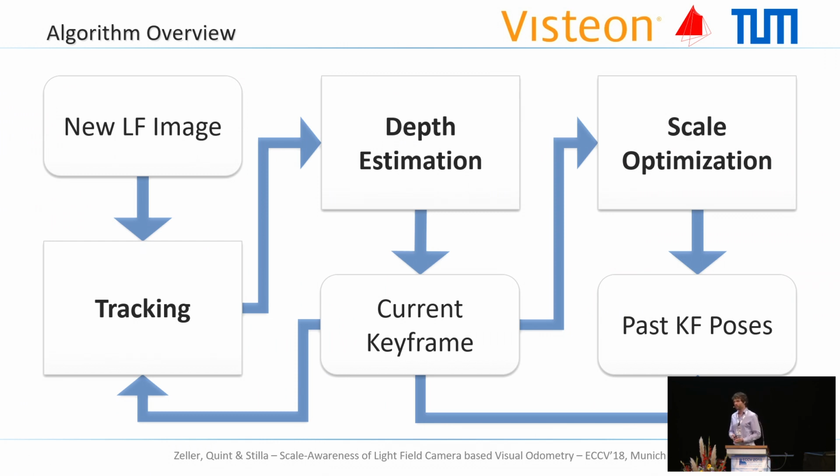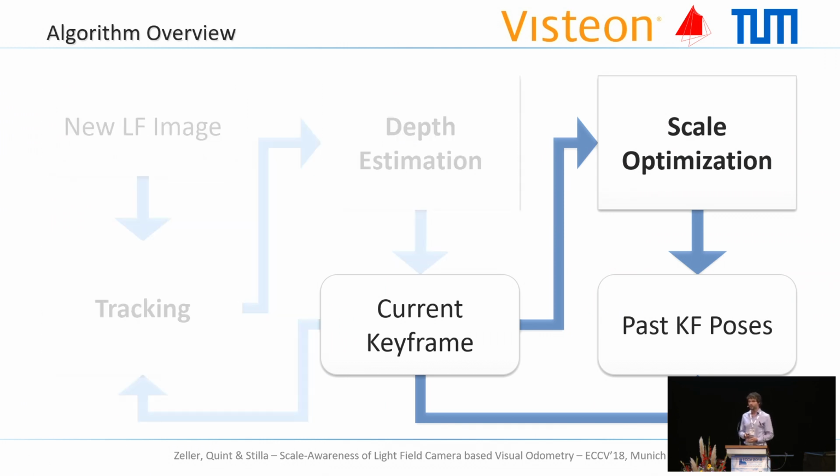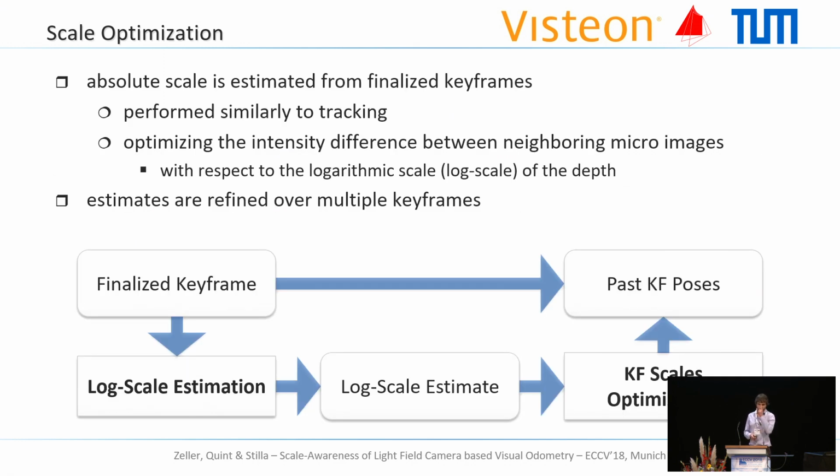Now the final part of the framework is the scale optimization, since, as in monocular visual odometry algorithms, we also will face drifts, especially scale drifts, in our plenoptic camera-based, our light field camera-based approach. So we further use a scale optimization framework to account for those scale drifts. Scale optimization is done in a way similar to how tracking is done.